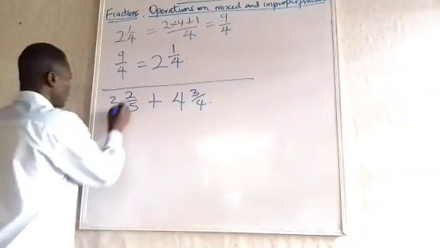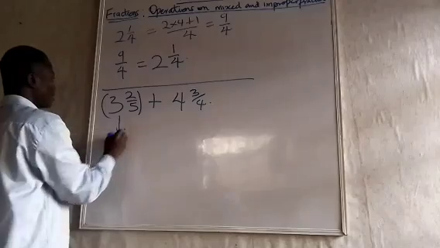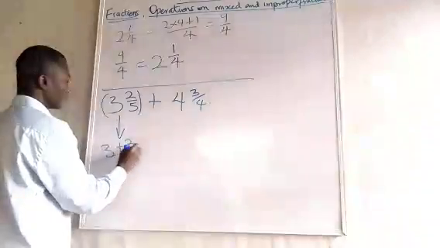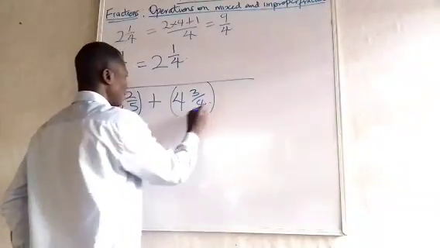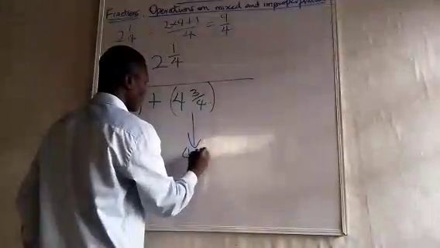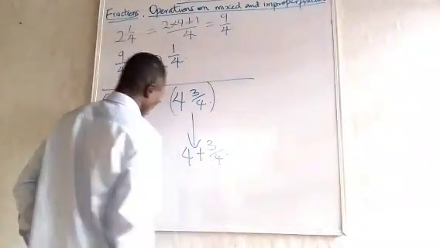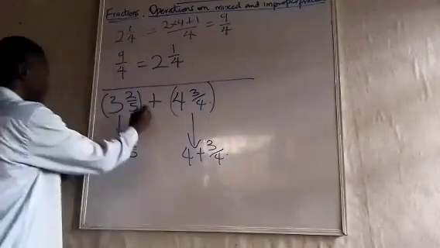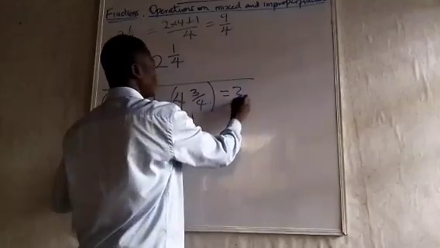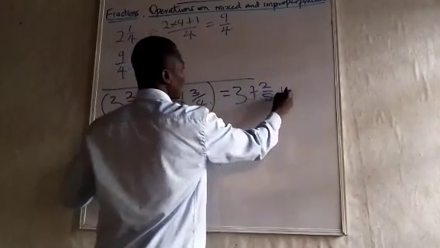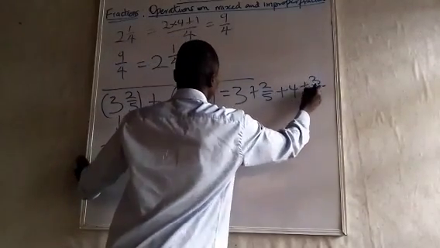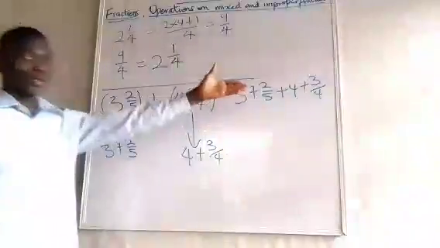You know, this number here means 3 plus 2 over 5, and this one here means 4 plus 3 over 4. So the addition of this can be taken to be 3 plus 2 over 5 plus 4 plus 3 over 4. So you can take it like this.